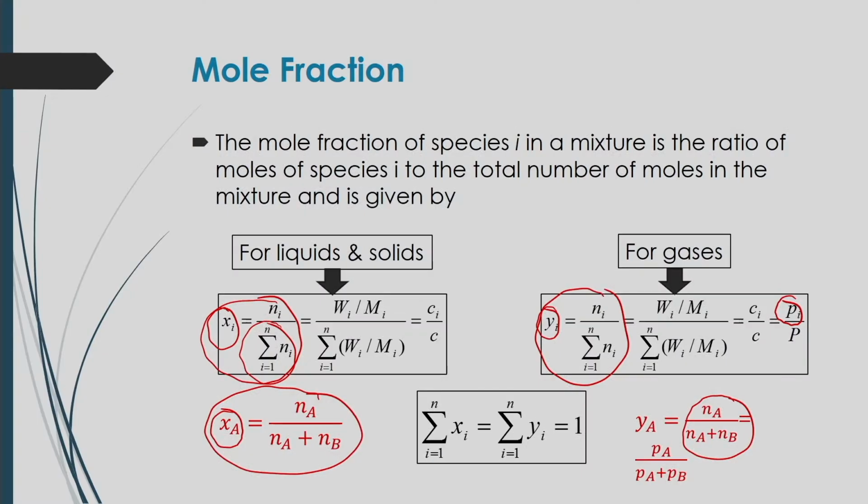The individual mole fractions will be 70 by 100, that is 0.7, for carbon dioxide, whereas for hydrogen gas it will be 30 by 100, that is 0.30. In this way, even if you know the partial pressure of carbon dioxide or hydrogen gas in the mixture, you can easily calculate the mole fraction of the gaseous components just by dividing the partial pressure of each component by the total pressure.